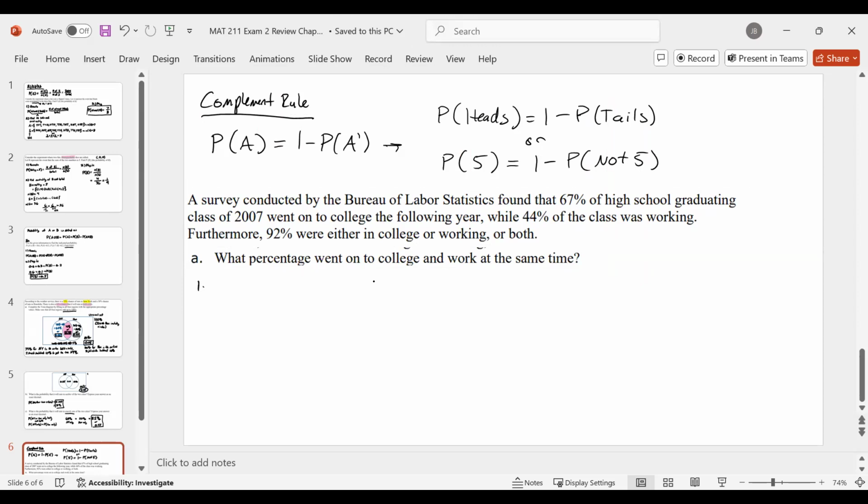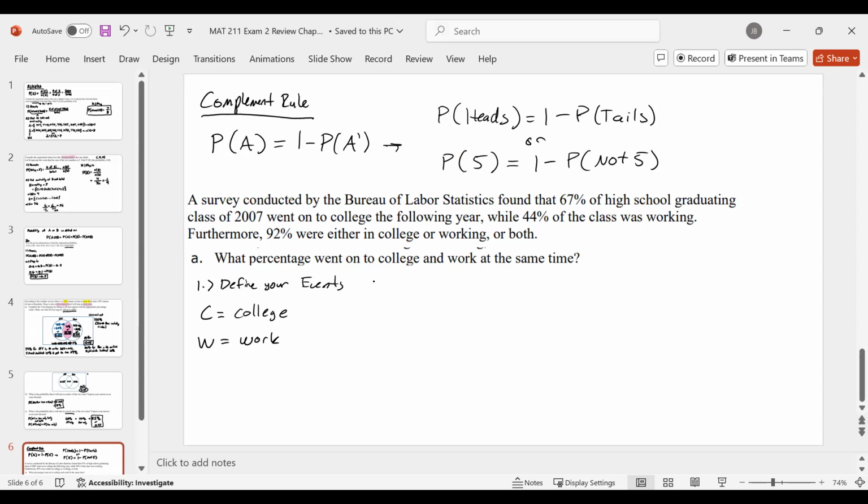So step one here is define your events. Before you do the formula, make sure you define what the events are. We'll use the letter C for college and W for work. So those are my events.